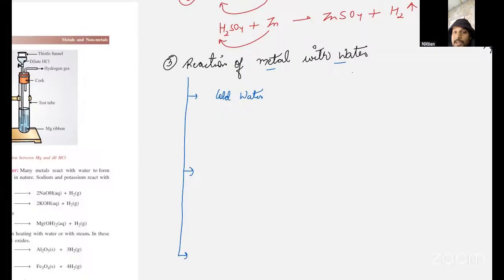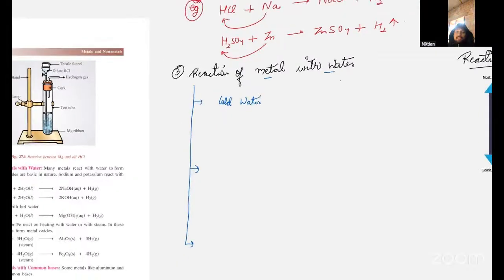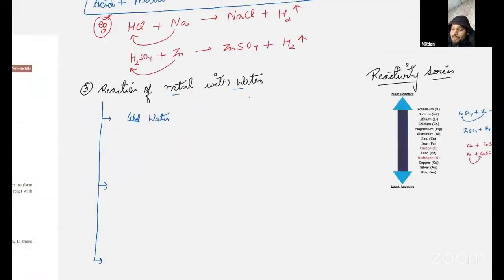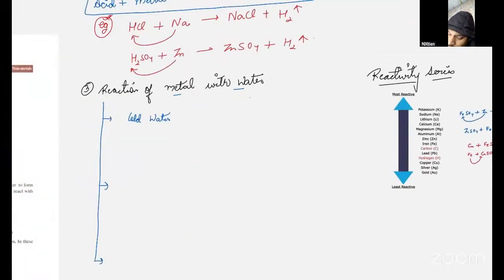Okay, so not all the metals will react with cold water, only some metals. For example, potassium, which is K, and sodium, which is Na.